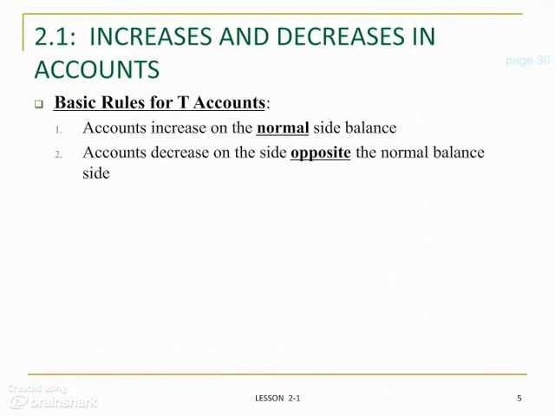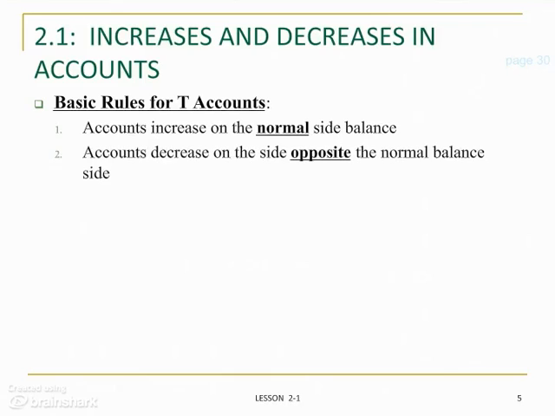So the first question you ask yourself whenever you're looking at a transaction is, what are the two types of accounts that are affected? Then you're going to say, what's happening to those accounts? Are they going up or are they going down? Then, once you think about whether they're going up or down, you say, which side do they increase on?